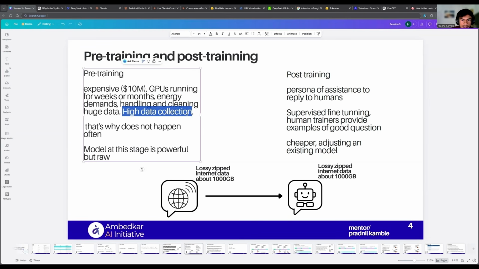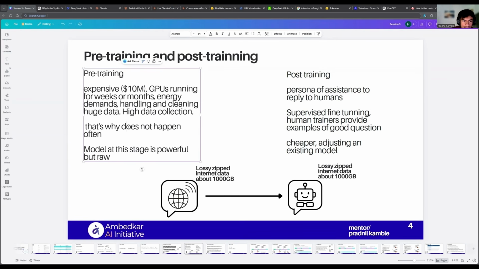Of course, high data collection is required, which is the internet data, and we require hardware to train this. We require handling and cleaning of this huge internet data, and we have to run this hardware for months sometimes. And that's why pre-training, which we just talked about, which is just guessing the next word, trained on the internet data, is really expensive.